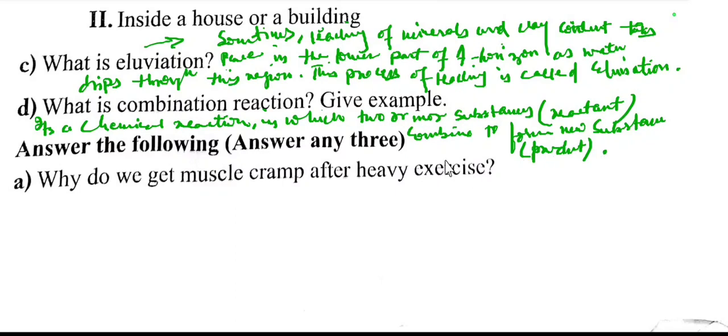It is called a combination reaction. For example, N2, that is nitrogen gas, plus hydrogen gas will make ammonia.